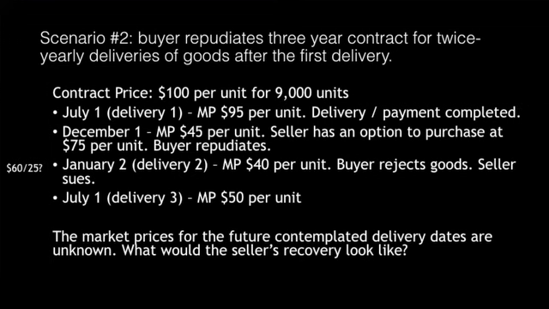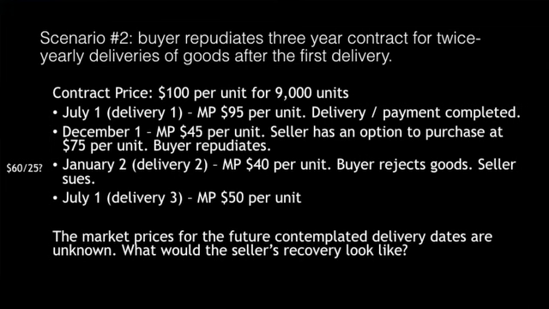The contract price minus the market price, that is the measure of damages under subparagraph 1, would be $60 per unit. But because of the seller's option contract at $75 per unit, the profit would have been only $25 per unit.